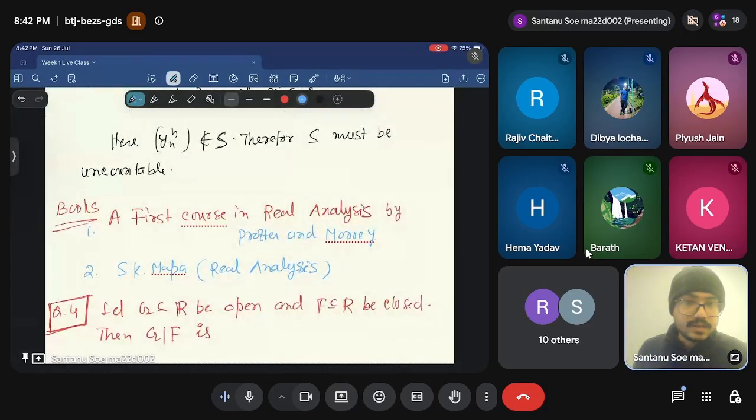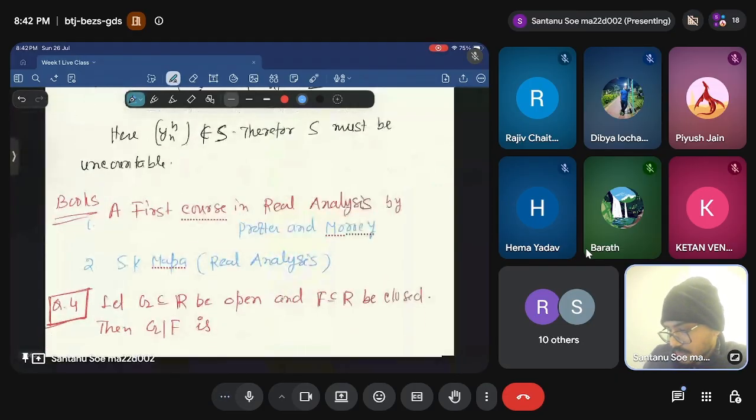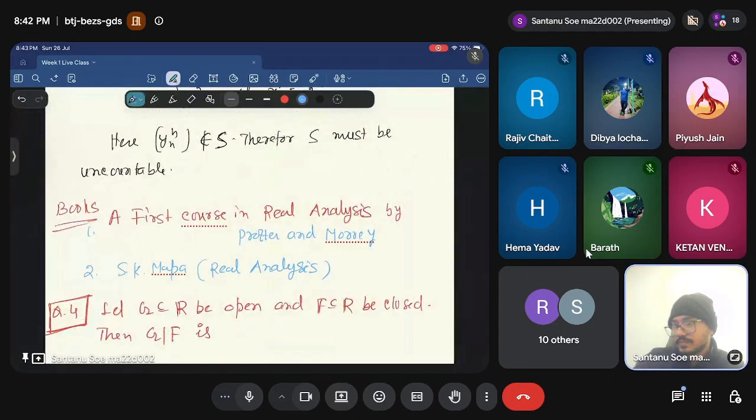So I hope you guys have gone through the first week classes regarding metric spaces, open sets, closed sets. Then you might know the definitions of open sets and closed sets. Does anyone know the definition of an open set in R?